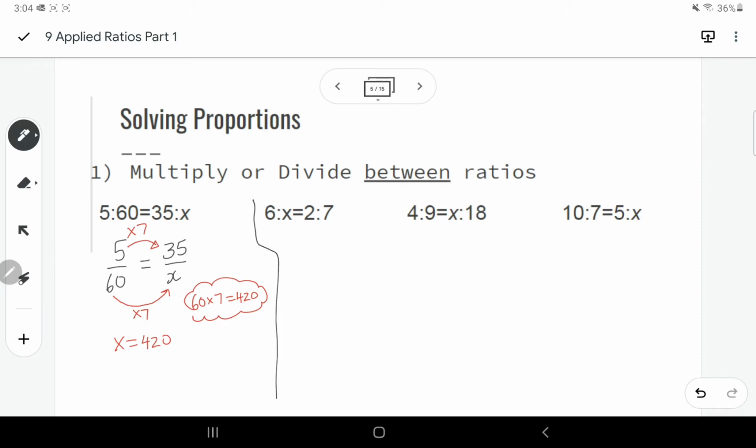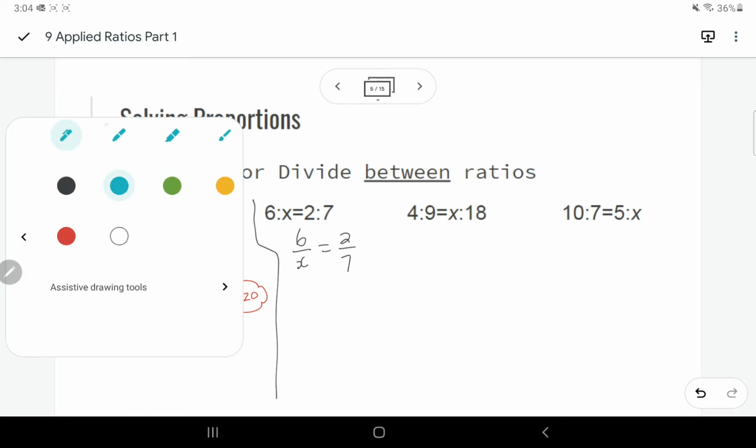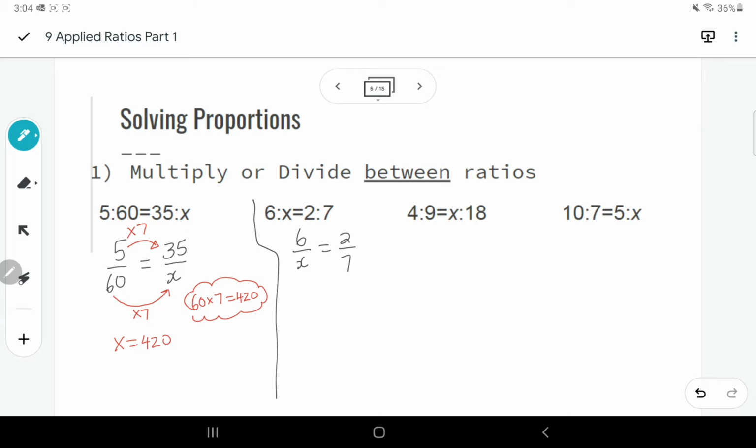The next one, we've got 6 over x equals 2 over 7. I can look at this and say, what did I do to go from the 6 to the 2? That wasn't multiplying, because multiplying would make it bigger. This was division. And 6 divided by what equals 2? We know that's 3. Whoops.